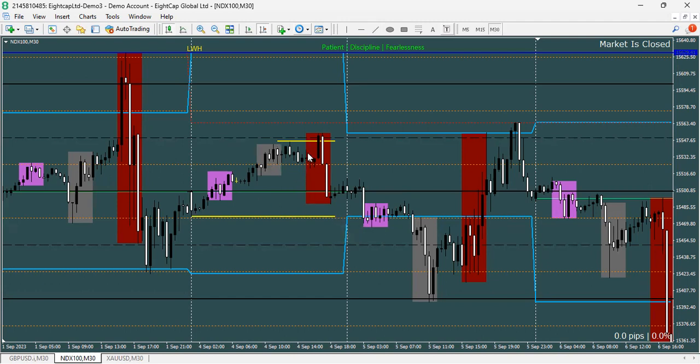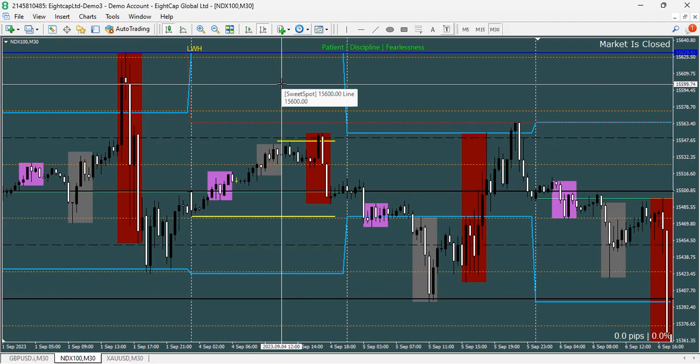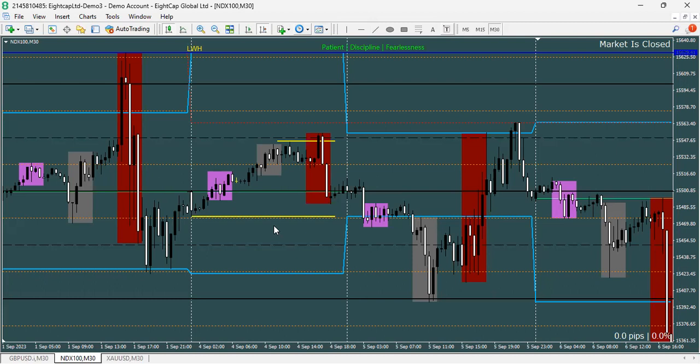Now, all I'm looking for is a reaction off of either the high or the low, whichever one price presents. And I'm looking to see where price action is at inside of the 100 pip box. So I'm trading the 100 pip box in highs and lows, and seeing how price behaves at those levels.